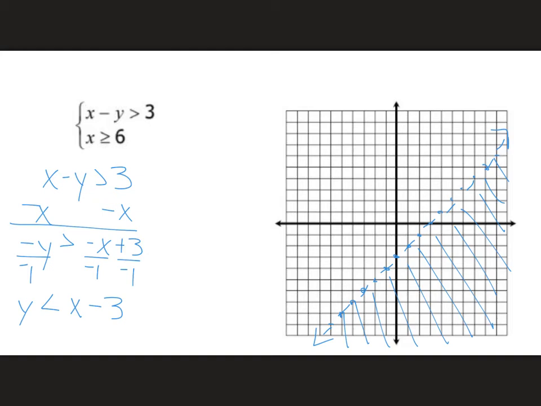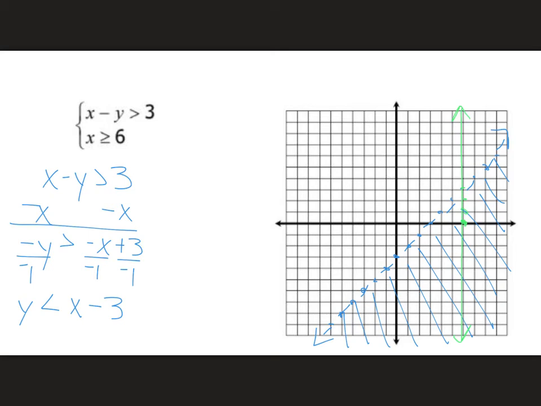Now, the next one, x is greater than or equal to 6. That's one of our special cases. Remember, if it's just x, it's a vertical line. So I go over to x equals 6 on the x-axis, 1, 2, 3, 4, 5, 6. X is 6 on that whole line, right? That makes it a vertical line. It's a solid line because it is equal to. Now, where is x greater than 6?